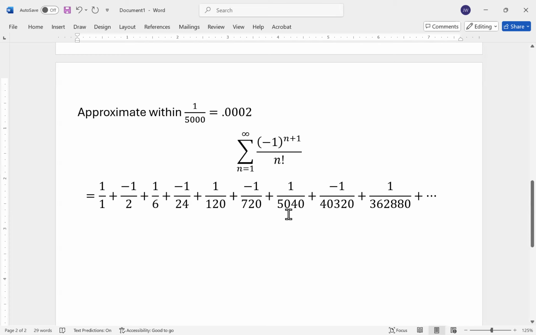And we look at this infinite series, which alternates, and we say the eighth term. Oh, I'm sorry, not the eighth, the seventh term. I miscounted. The seventh term is 1 over 5,040.